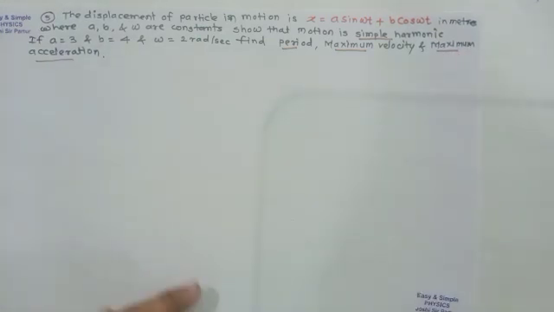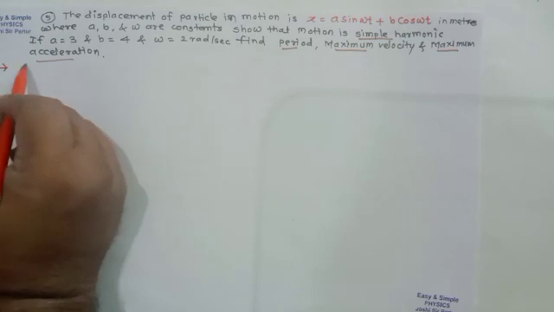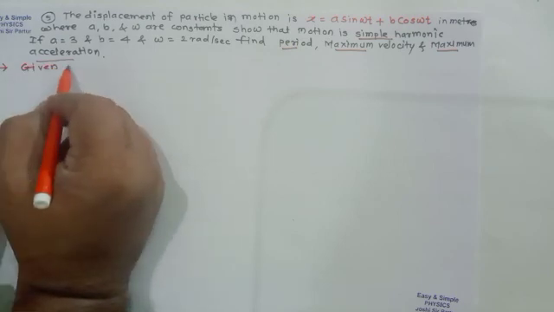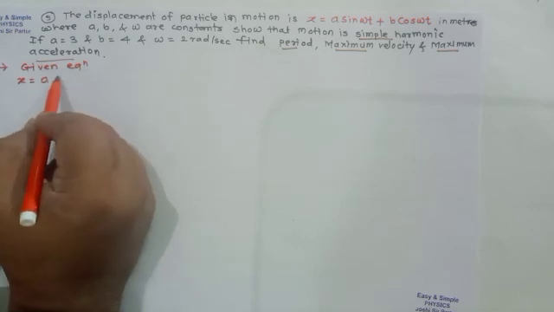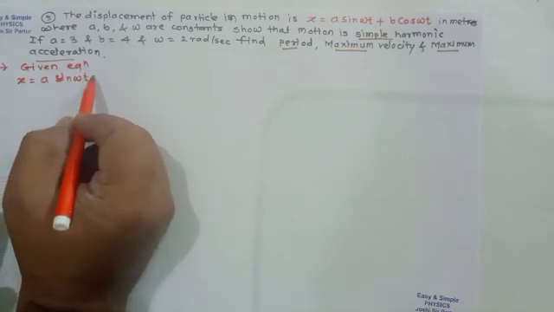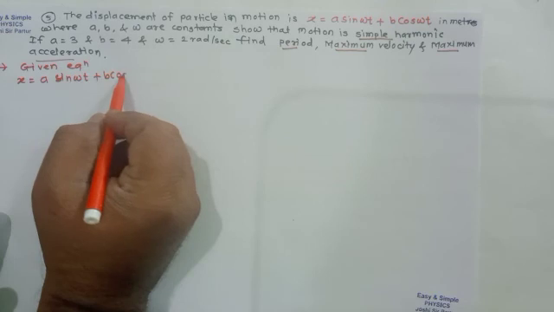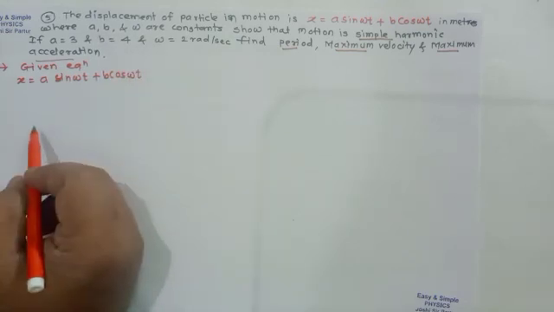So first we want to show that the motion is simple harmonic. Here the given equation is x is equal to a sin omega t plus b cos omega t.